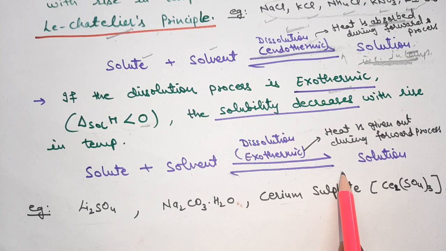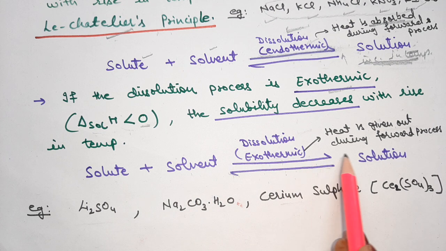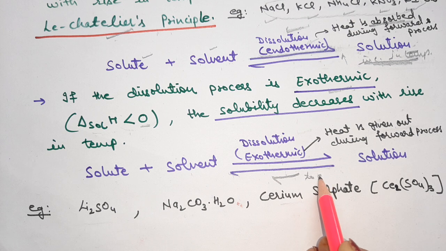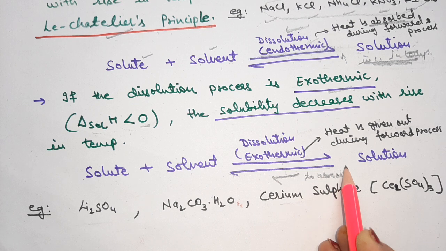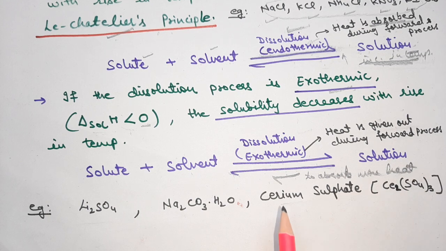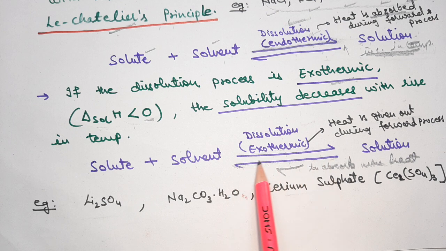We are increasing the temperature, and in the forward direction heat is also given out. So now the process will try to move in the backward direction, and it will try to absorb the more heat which we have added. In this way the process will shift towards the backward direction.